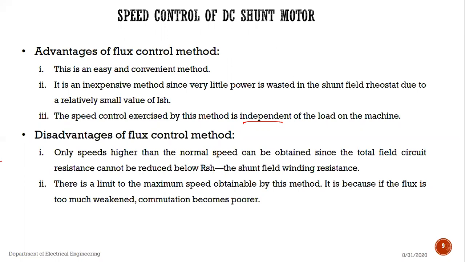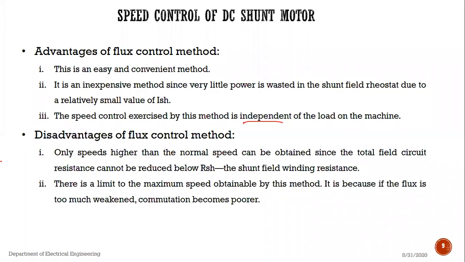So the first thing we should keep in mind while varying the speed of the motor is that we need to limit the maximum speed obtainable by the method, and the second thing is that if the flux gets weakened, then commutation becomes poorer. Okay, so these are the disadvantages of the flux control method.